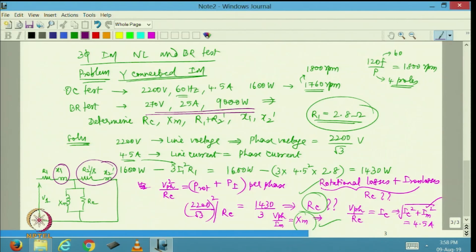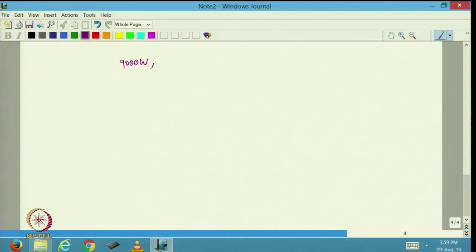So, let me try to look at the block rotor test data again. Let me write down in the next page. That was 9000 watts was the power, 270 volts was the voltage, and 25 ampere was the current. This is the data of the block rotor test.